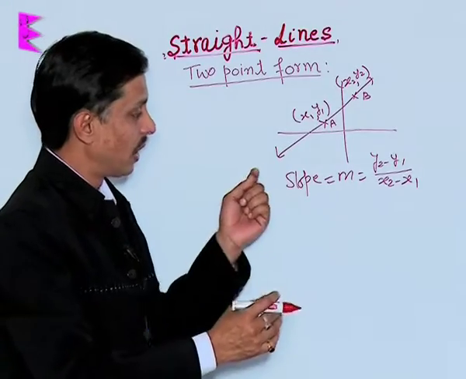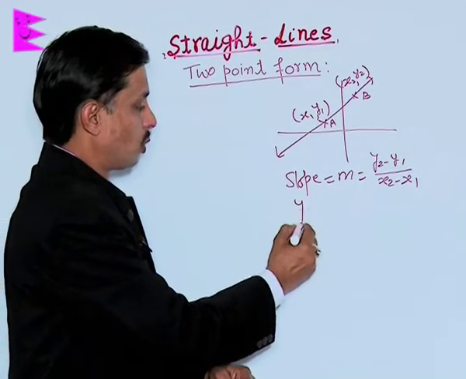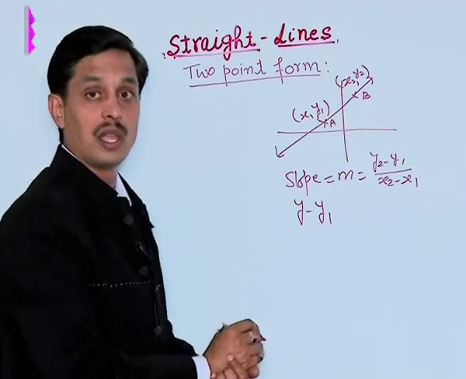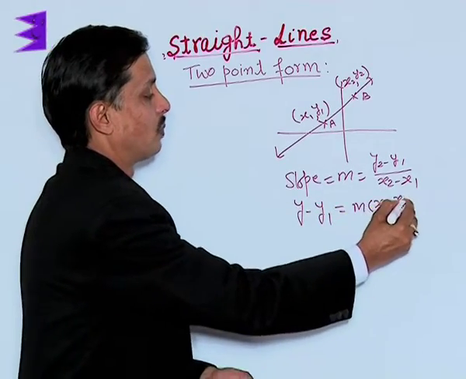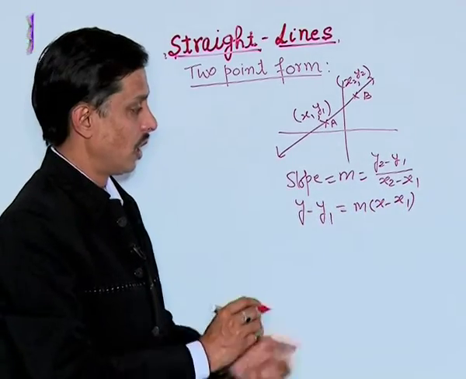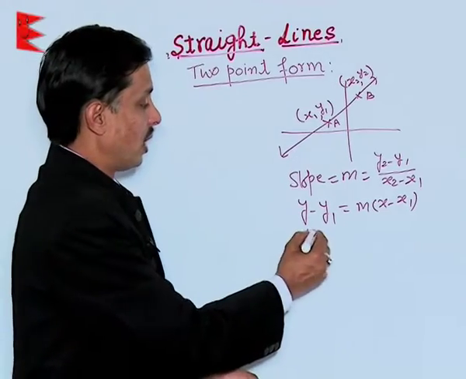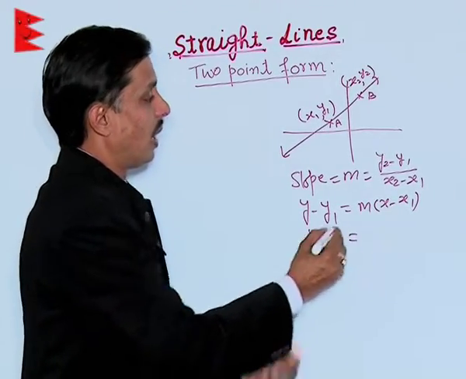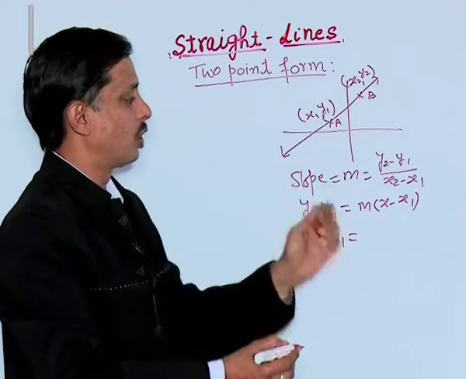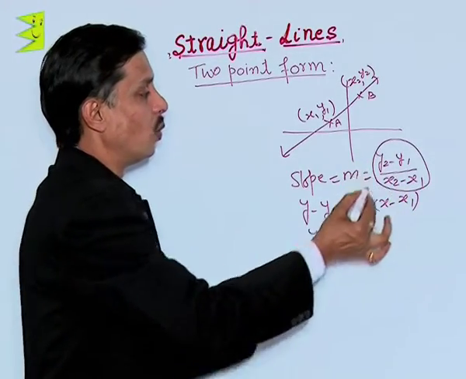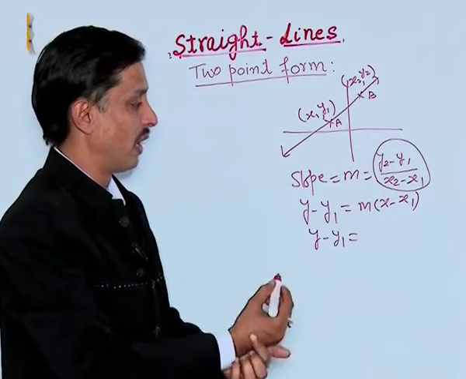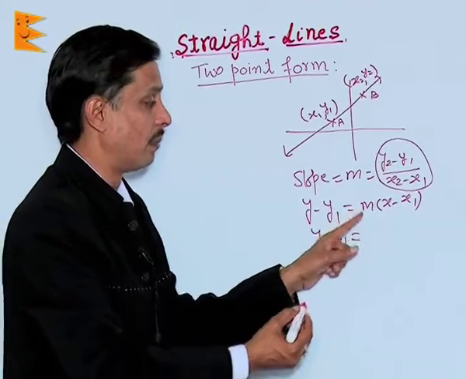But if I check what the 1-point form is, it is y minus y1 is equal to m times x minus x1. It means, if slope is not given and it is given that the line is passing through 2 points, then we will use this value y2 minus y1 upon x2 minus x1 in place of m.